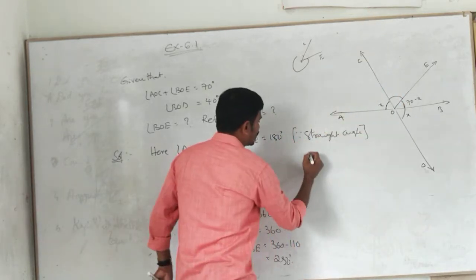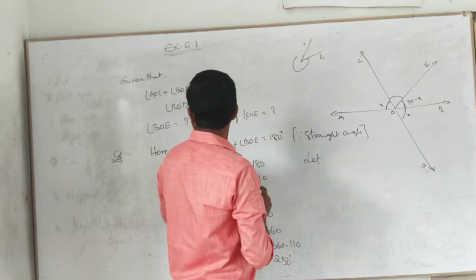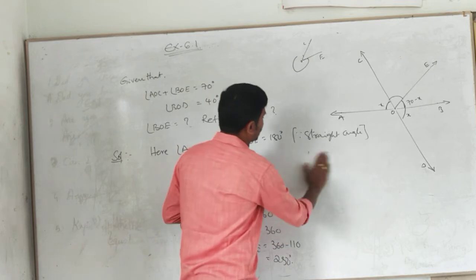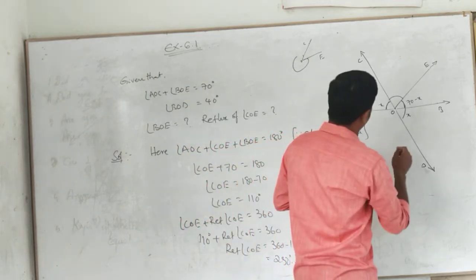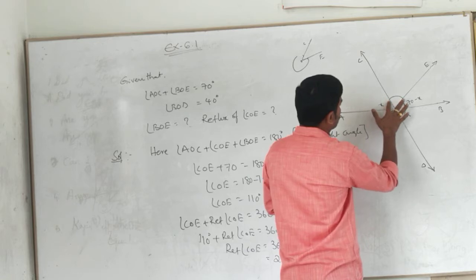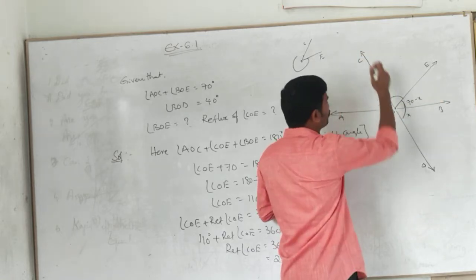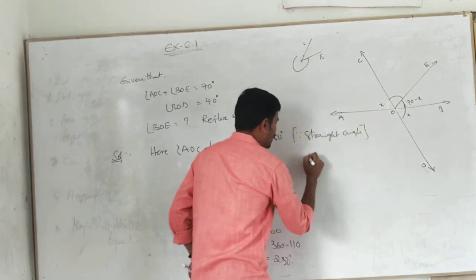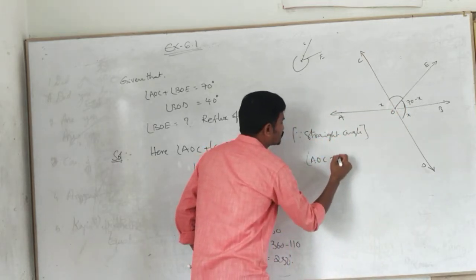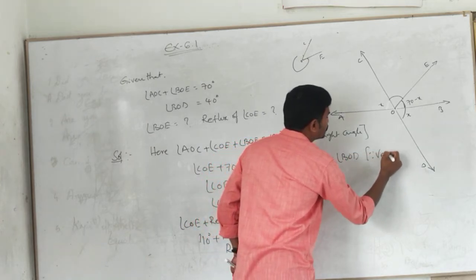Sir, angle BOD is given, 40 degrees. Oh, angle BOD is given as 40 degrees, then no need to go for any other thing. Where is BOD? This is 40. Angle BOD and angle AOC are equal. Here, angle AOC equals angle BOD. Why? Vertically opposite angles.